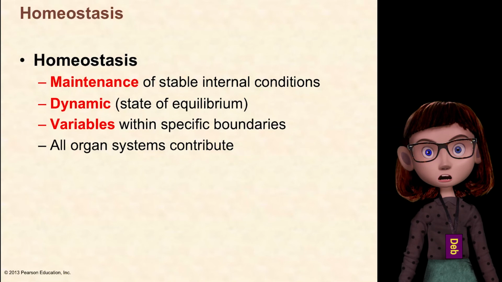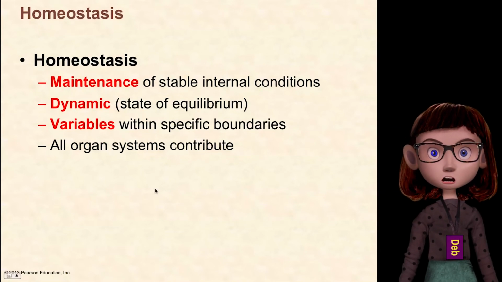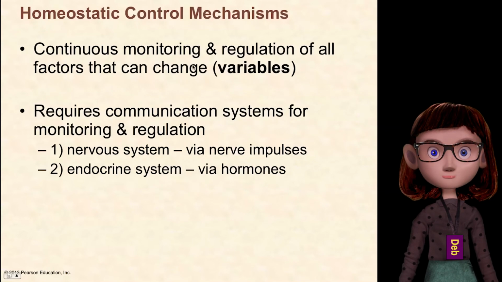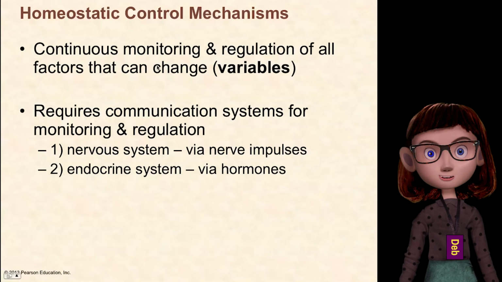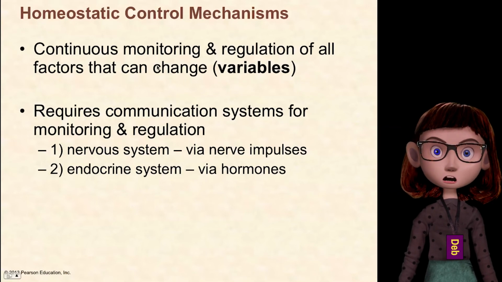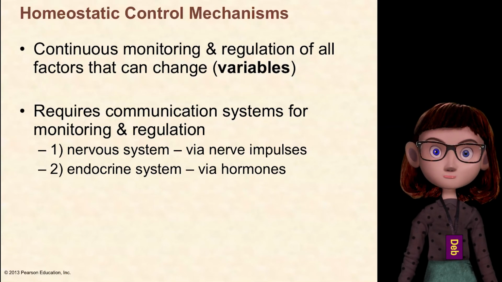The variables have to stay within these specific boundaries, and all organ systems contribute. Homeostatic control mechanisms will engage in a continuous monitoring and regulation of all these factors that can change. Any factor that can change is called a variable.